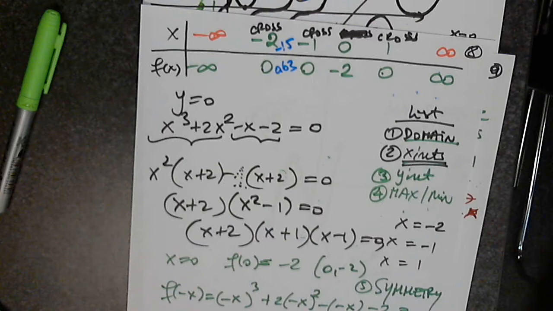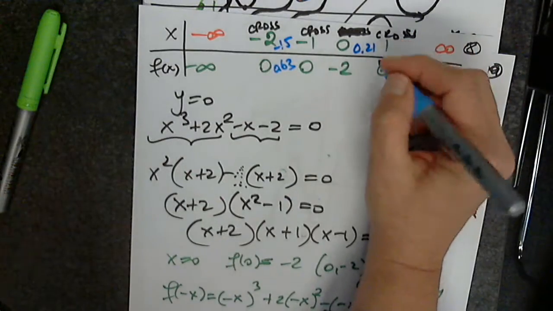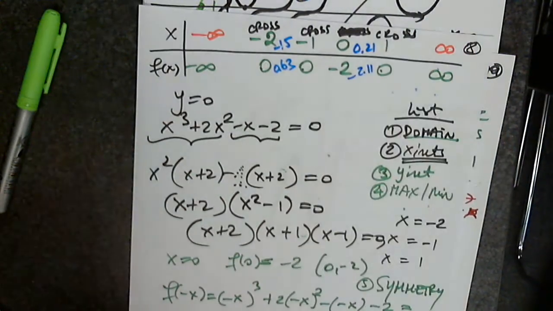So somewhere between x equals 0 and x equals 1. So second and minimum, I meant to say, 3. I want between 0 and 1. I'm not going to guess, just give me the value. And as you see, it's giving us 0.21, -2.11. I will put it in my chart, 0.21, -2.11.